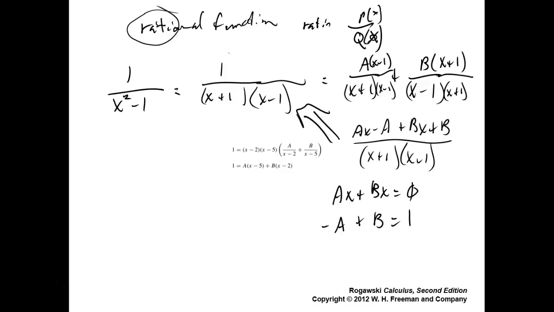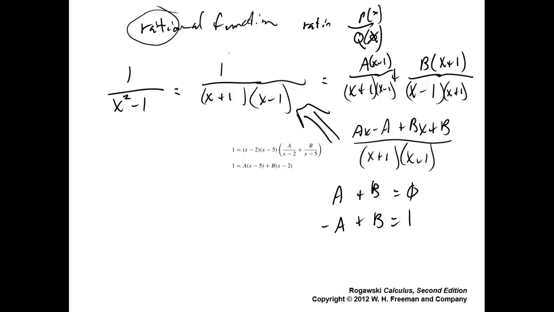So this is made up of two terms: a plus b times x. There is no x there, so that has to equal 0. So just leave the x's out of it, factor out the x. They don't need to be there. But minus a plus b is equal to 1.